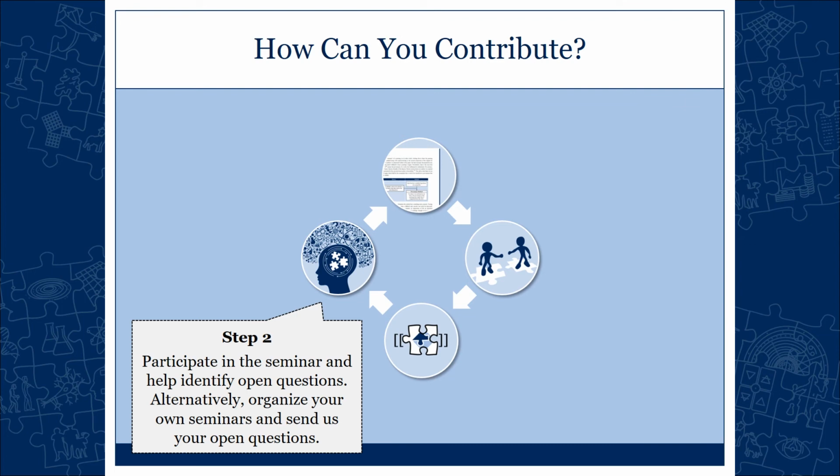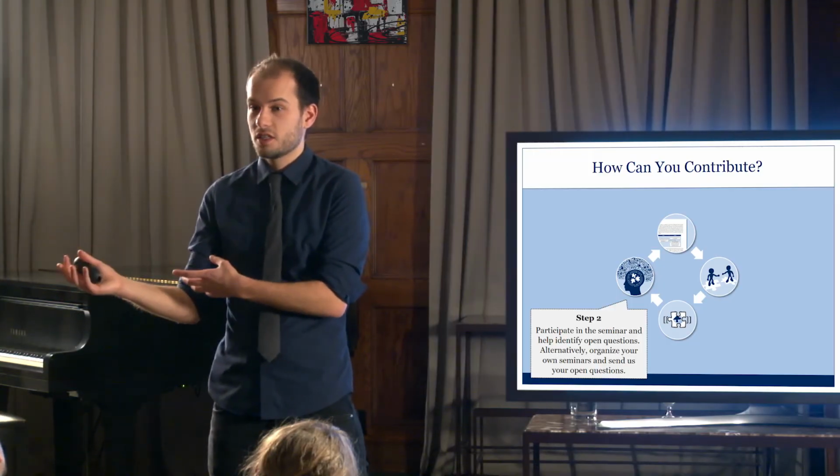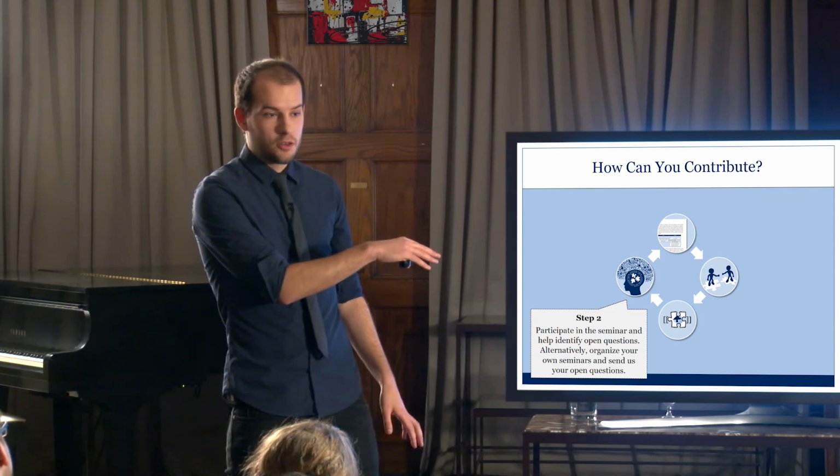Step 2, participate in the seminar and help identify the important open questions. Alternatively, you can always organize your own seminar and send your questions into the encyclopedia, and we're happy to post them, because naturally, if someone outside of our seminar group thinks of their own set of questions and thinks that they're justified, and they have a solid understanding of Scientonomy, those are great reasons to include the open questions on the encyclopedia.